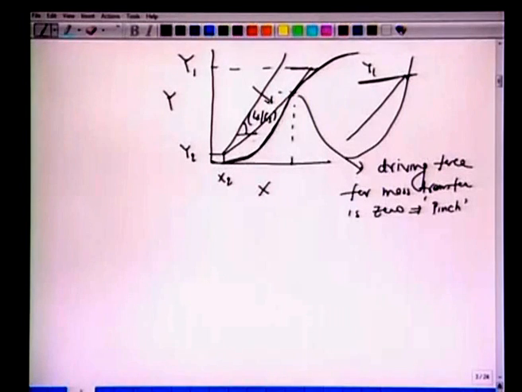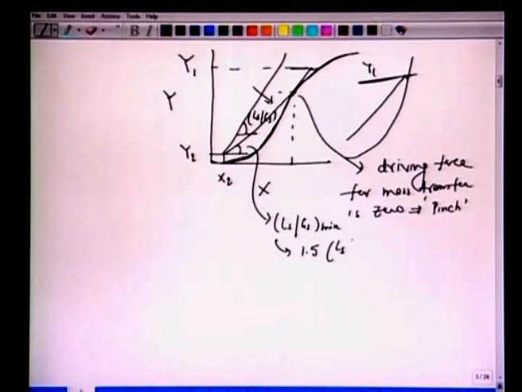In other words, the slope will give us Ls by Gs min, and from here again we have to find 1.5 times Ls by Gs to determine the operating curve, which will now go like this, and we will get the concentration x1 corresponding to y1.